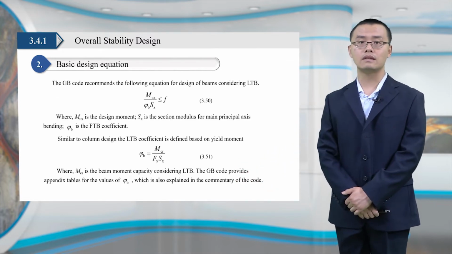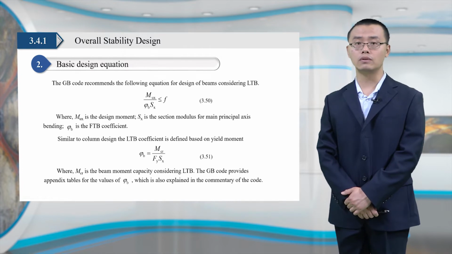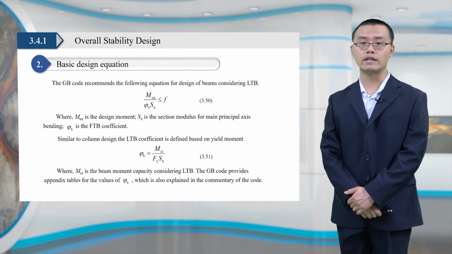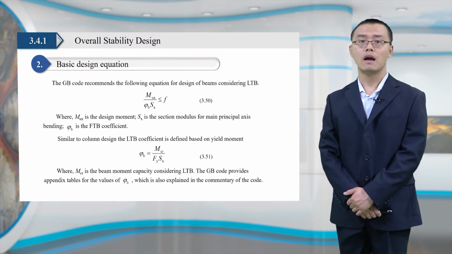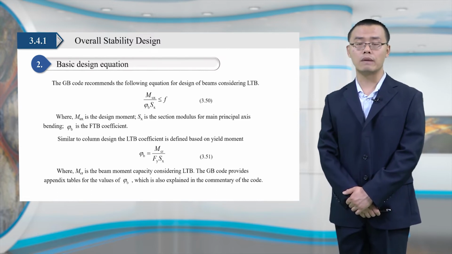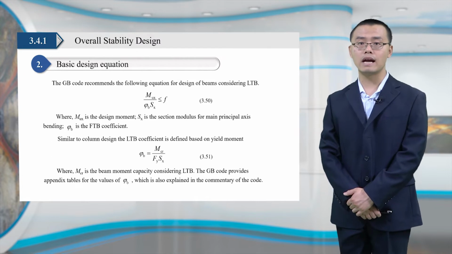Second, basic design equation. The GB code recommends the following equation 3.50 for design of beams considering LTB, where MUX is the design moment, SX is the section modulus for main principal axis bending, phi B is the LTB coefficient, which can be expressed as the formula 3.51, where M critical is the beam moment capacity considering LTB.